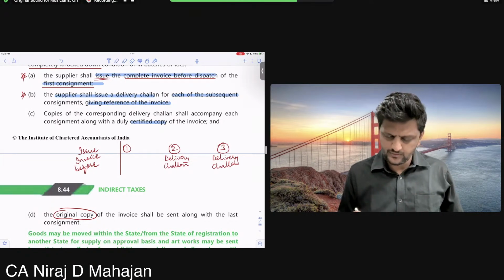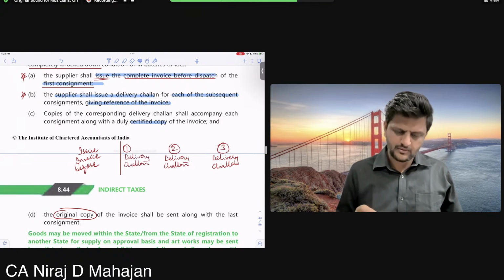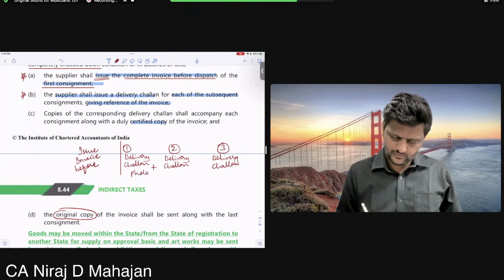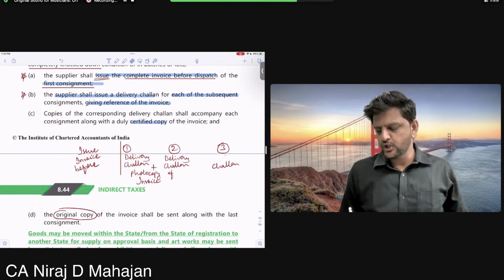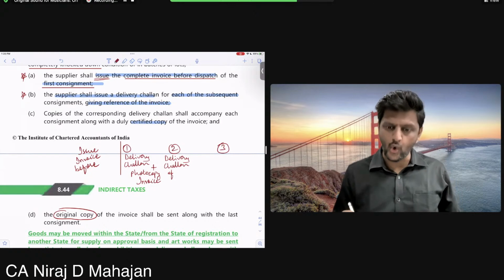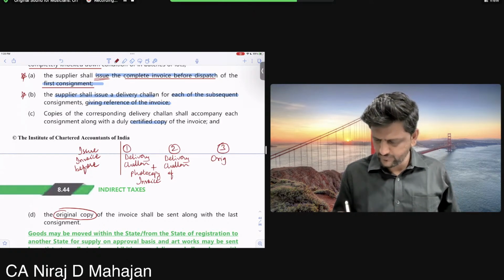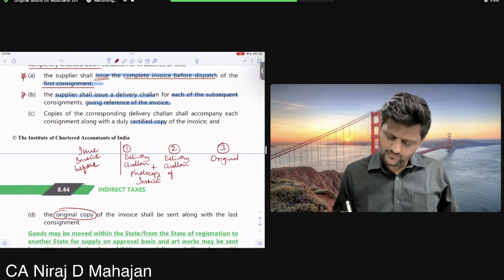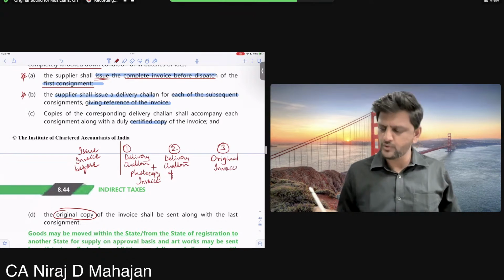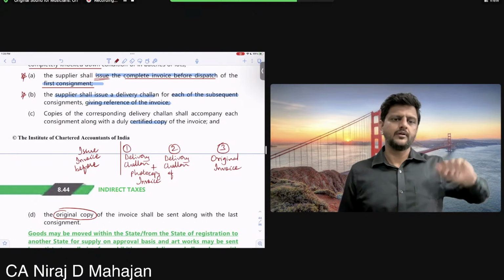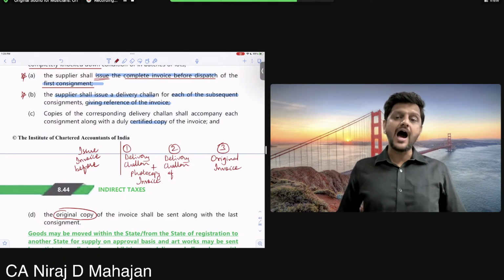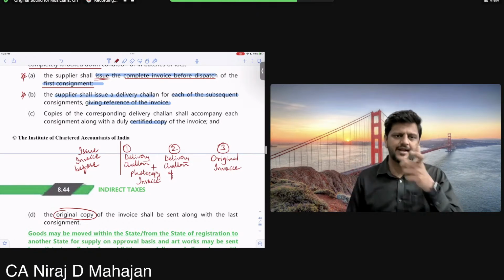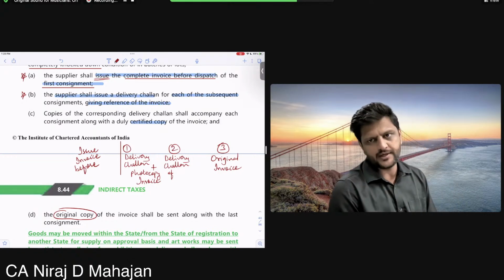Delivery challan plus photocopy of invoice. And in the last delivery, what will you give? Last consignment, original copy of the invoice. This will also be sent. So original copy of the invoice shall be sent with the last consignment. You have created it, you have generated it. Issued means generated.